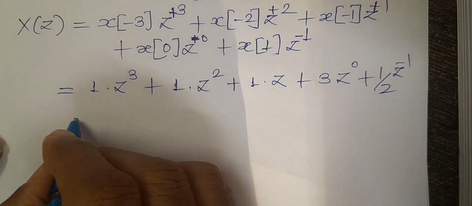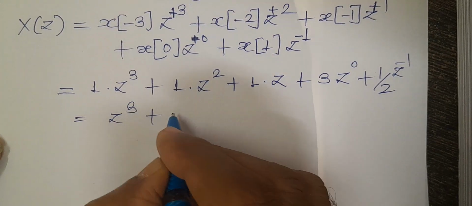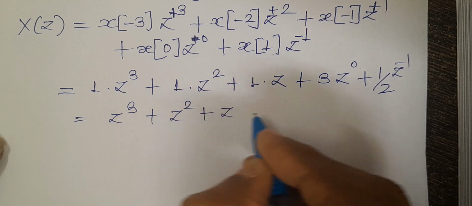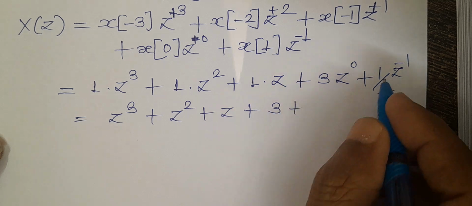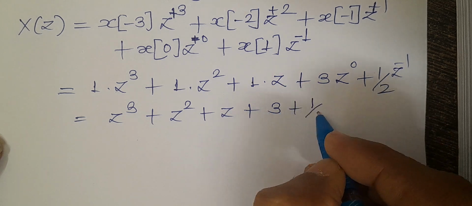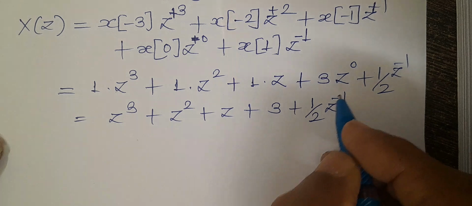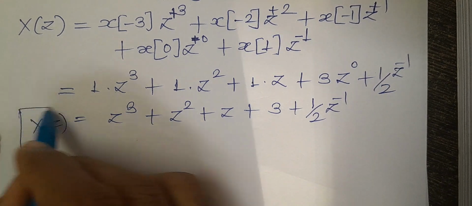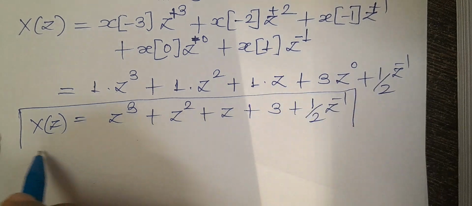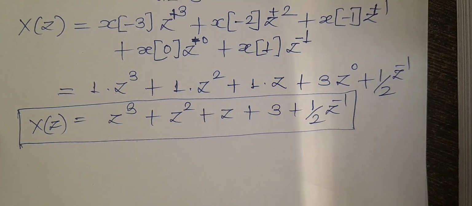So it is z cubed plus z squared plus z plus 3 z raised to power 0 is 1, so 3, plus half into z raised to power minus 1. So this is the z transform of the given equation.